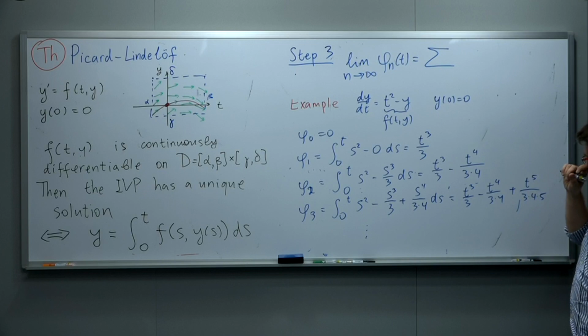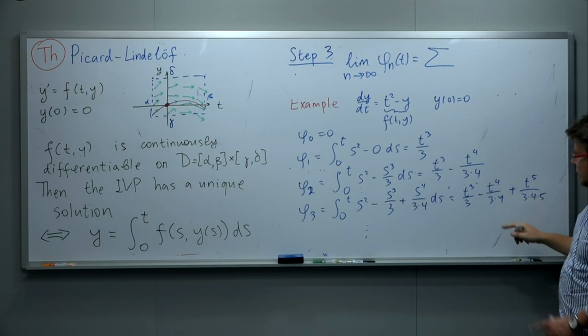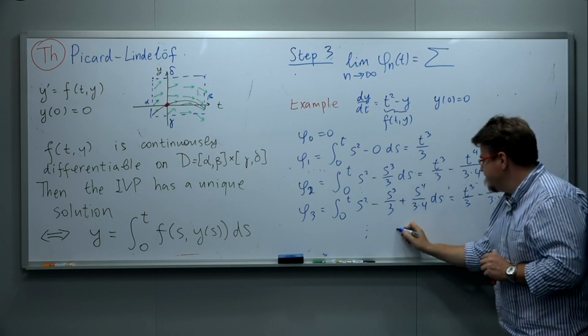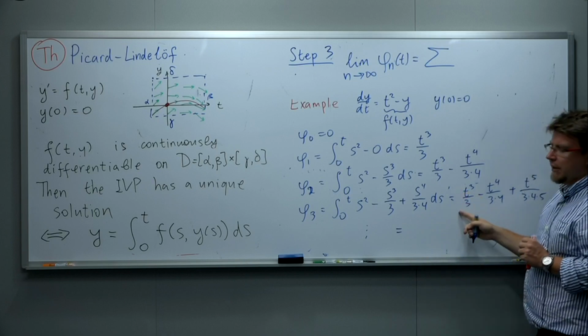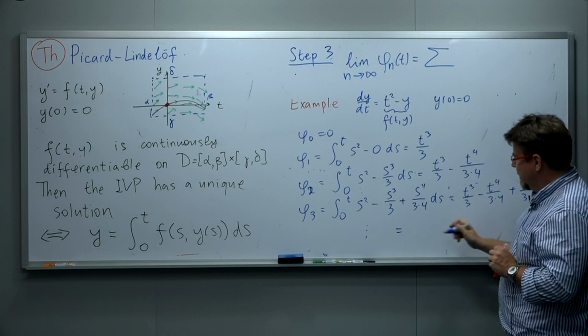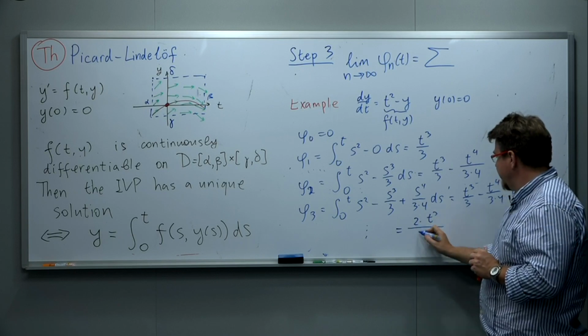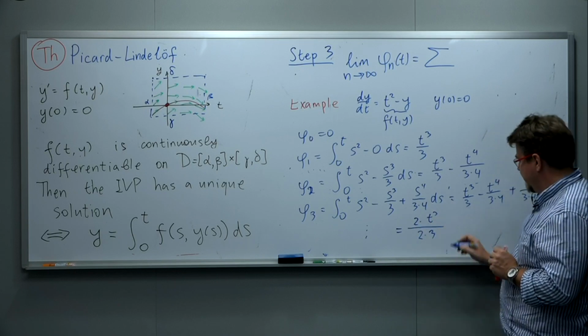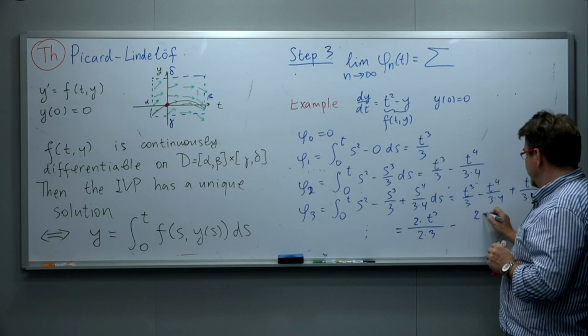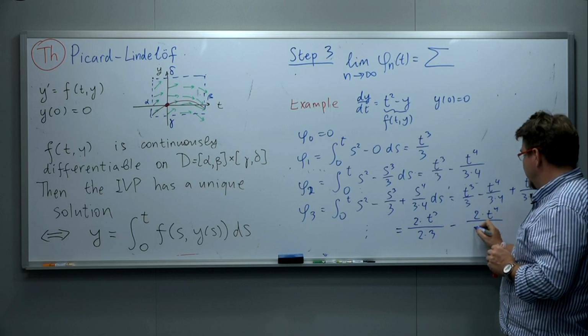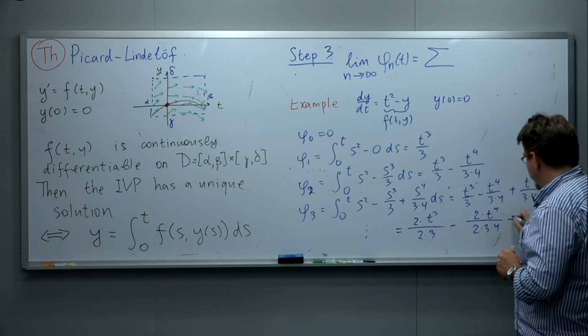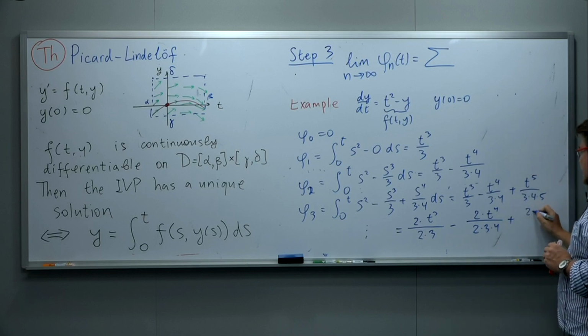Now, how do I simplify this? Note that I can multiply and divide by 2. So I'm going to write 2 times t cubed over 2 times 3, minus 2 times t to the 4 over 2 times 3 times 4, plus 2 times t to the 5 over 2 times 3 times 4 times 5, and so on.